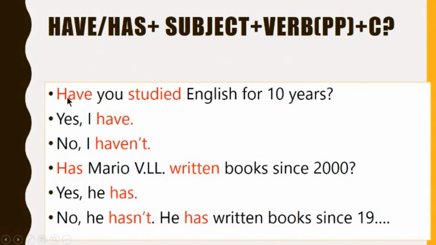So always in the present perfect you will use have or has, but they are auxiliaries. For example, has Mario Vargas Llosa written books since 2000? Yes, he has. Or you can say, no, he hasn't. He has written books since 1997, for example. Yes, I have. No, I haven't. But this is for the present perfect.